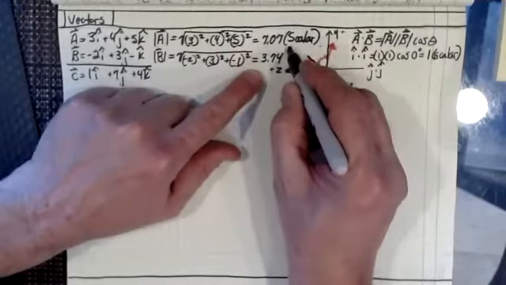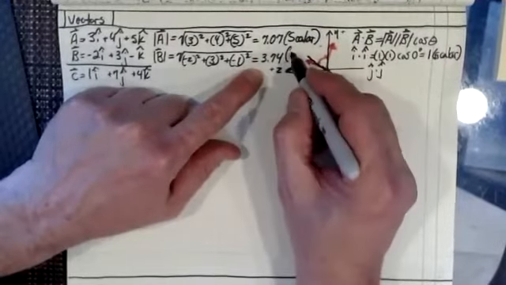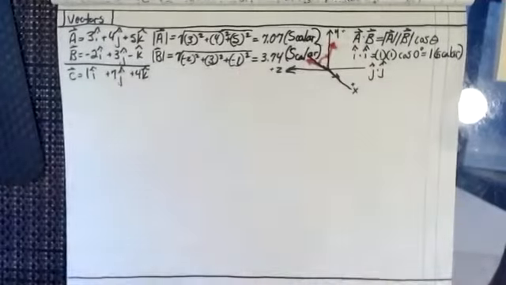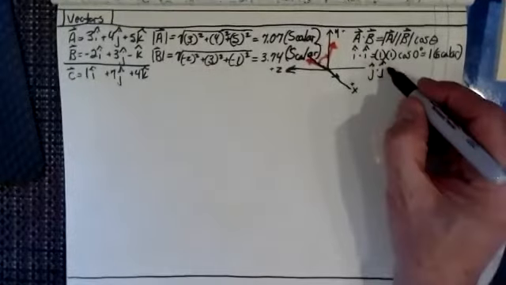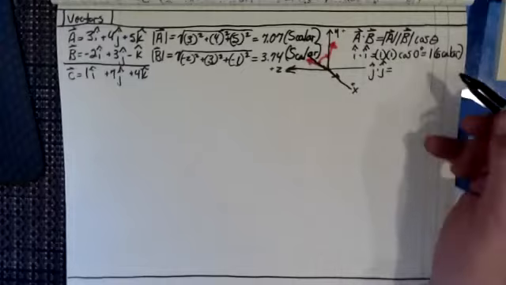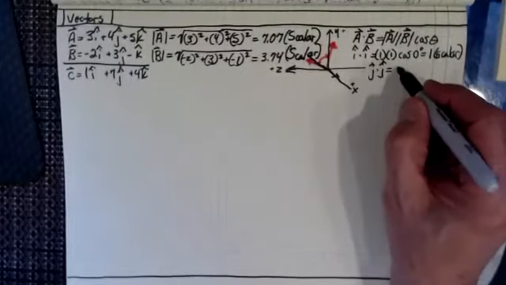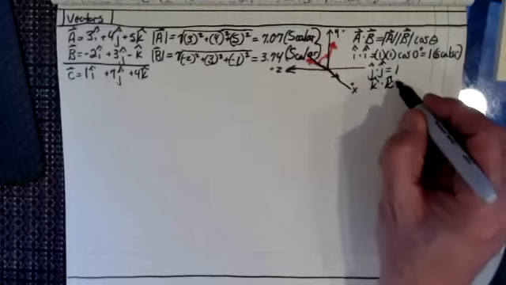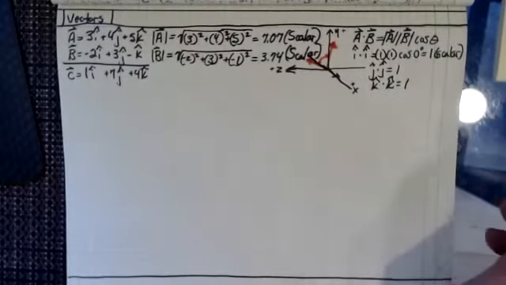It's not a vector because it doesn't include direction, does it? So it's just a scalar. J dotted with J, 2 vectors dotted together, they give me a scalar. And of course that would be 1, and K hat dotted with K hat, that would be 1 too, right?